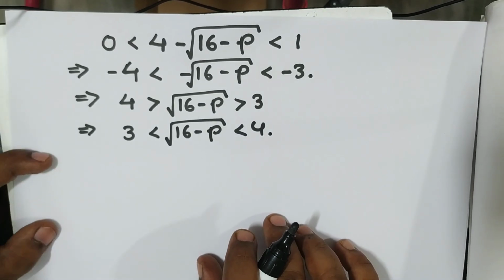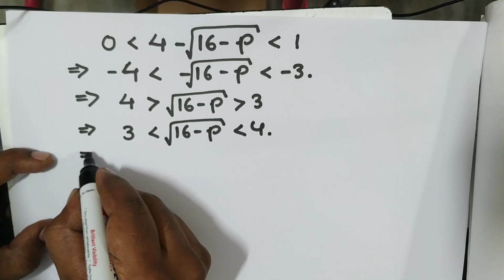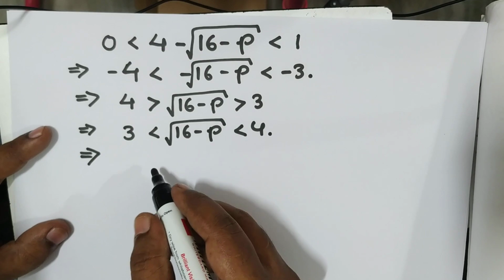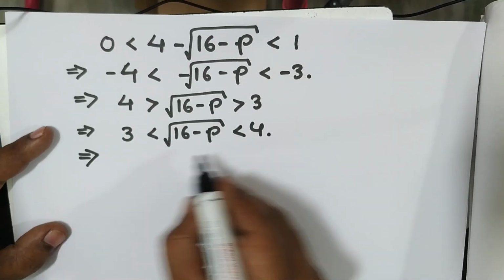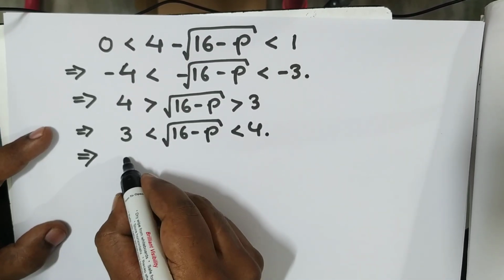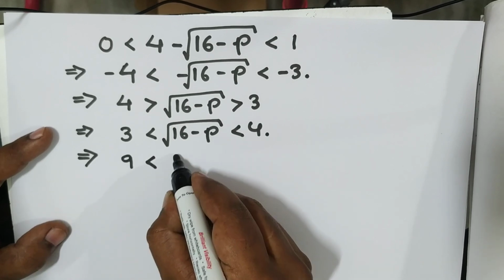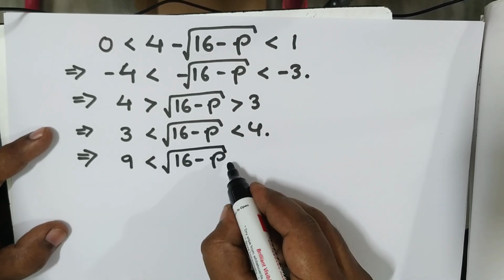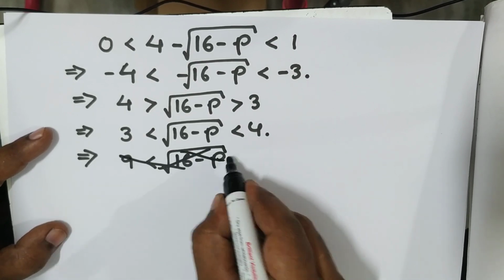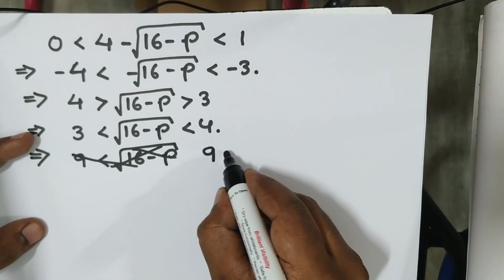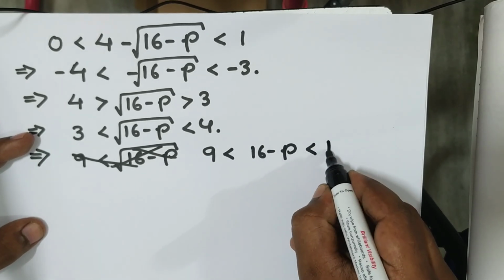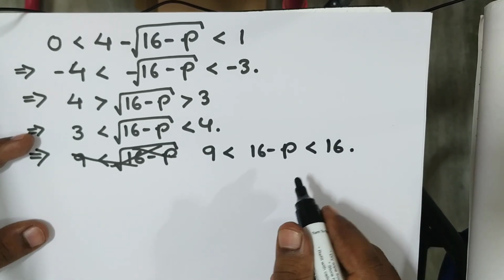Now whenever you see a square root, if you have some chance, you can square it. Let me square it. So squaring throughout, we get 9 less than 16 minus p less than 16.